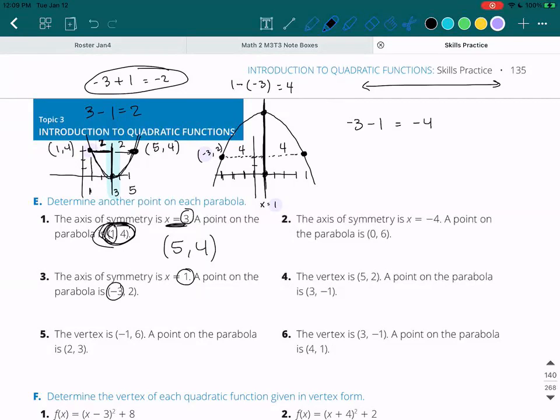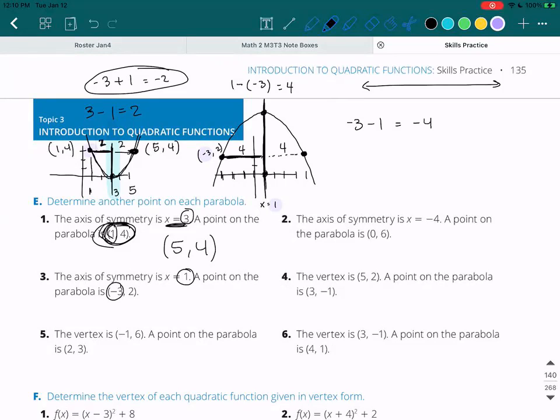Yeah, so -3 minus 1 is -4. So the subtraction makes the positive into a negative. When you subtract 1, it gets more negative. Yeah, your answer becomes more negative. Okay, thank you. So that makes that distance 4.